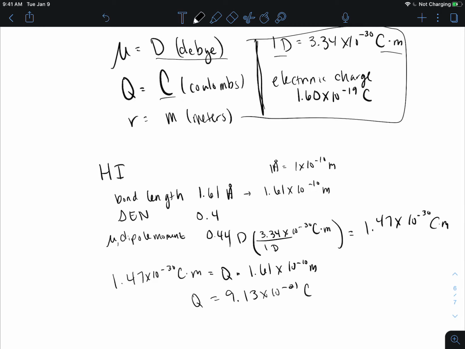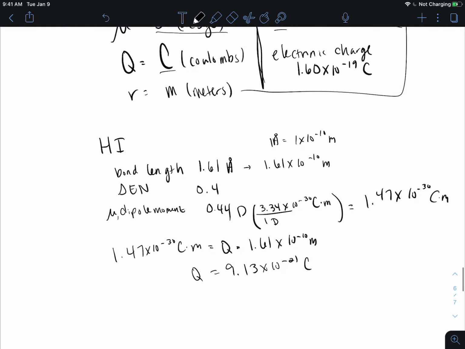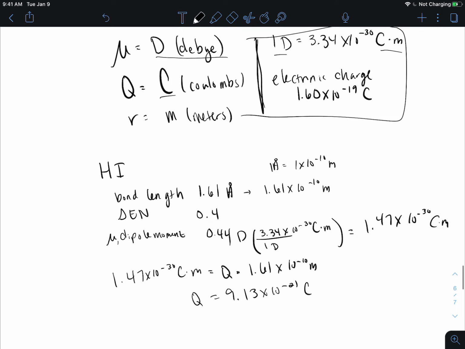We want this to be an actual electron charge. So we want to take this and convert it into our electronic charge, where E is equal to 1.60 times 10 to the negative 19. So that E is that electronic charge.